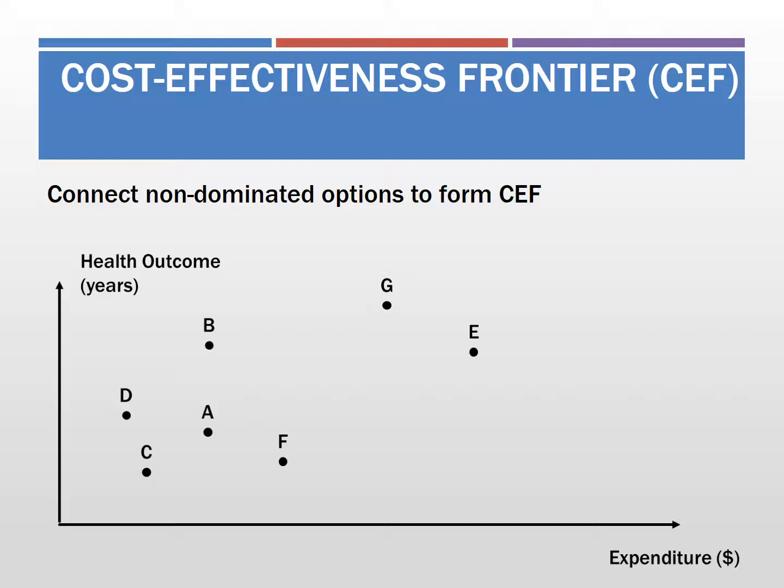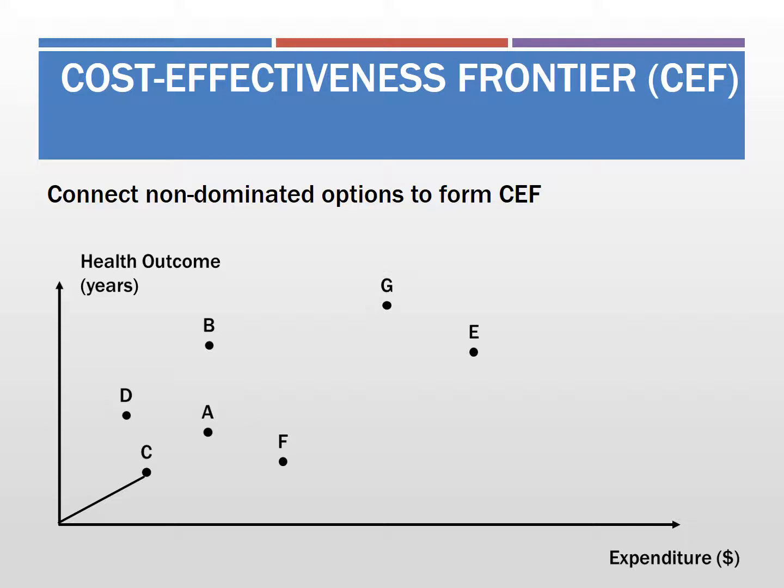But the next point we want to get to may be some point outside of the origin of this graph. So let's suppose we connect the origin with point C, which is treatment C. By spending some amount of money, we get a small extension of life.